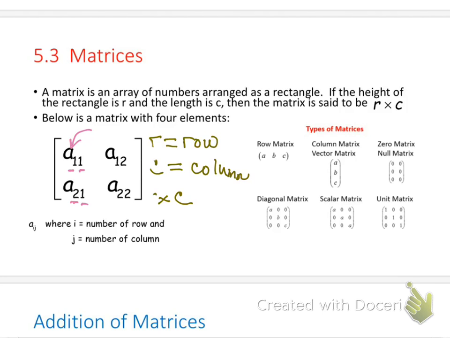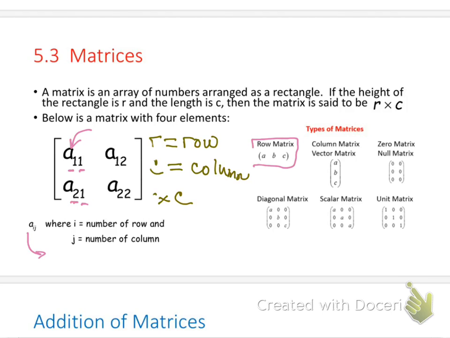A21 is located in row 2, column 1, and so on. So that's how that works. You just call this little Aij, where you are open to plugging in whatever you want for rows and columns.